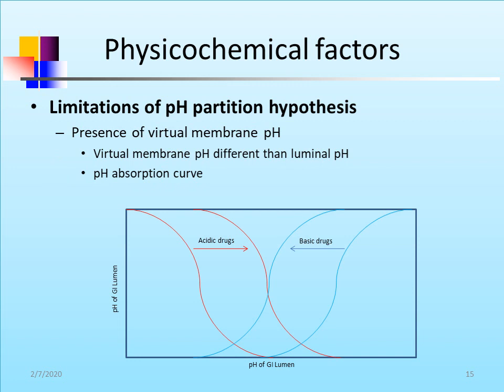For acidic drugs, the curve gets shifted to the right side, while for basic drugs, the curve gets shifted towards the left side. It indicates that there is a virtual membrane pH which is different from the luminal pH. So this is the first limitation of pH partition.